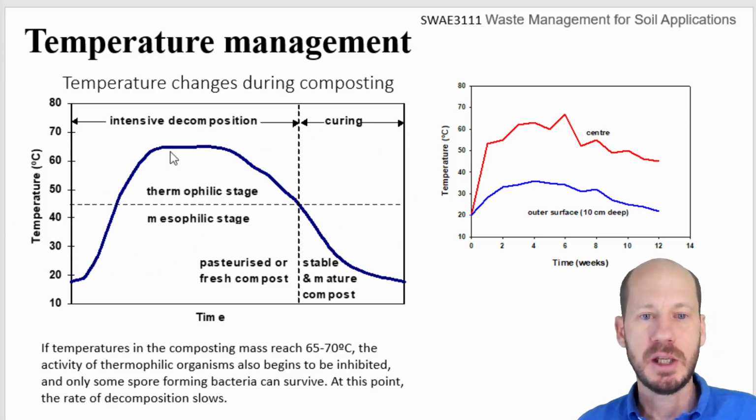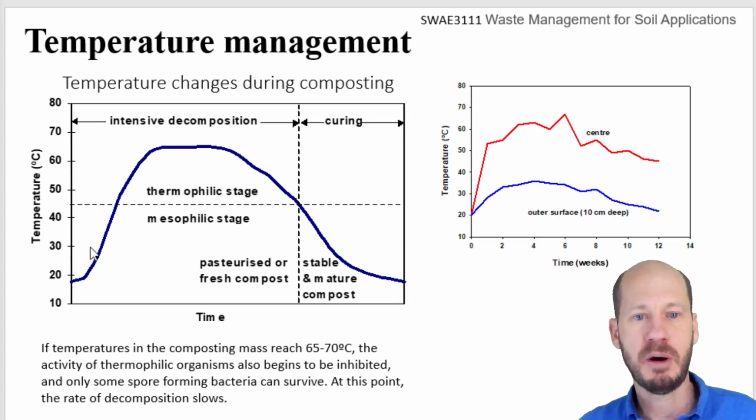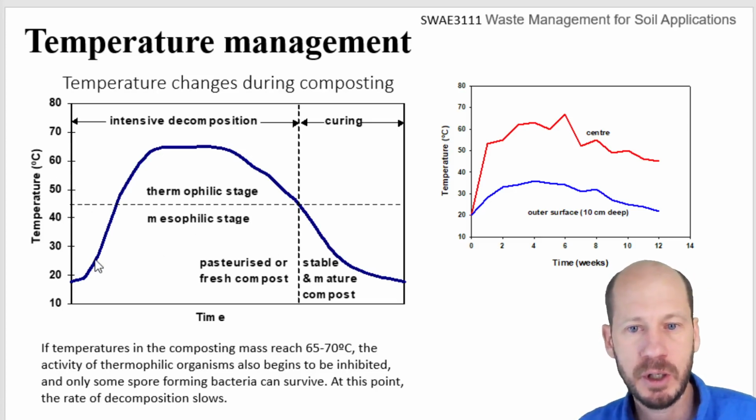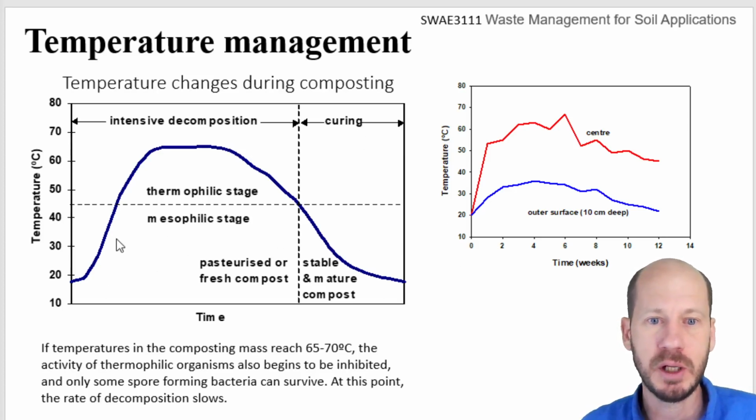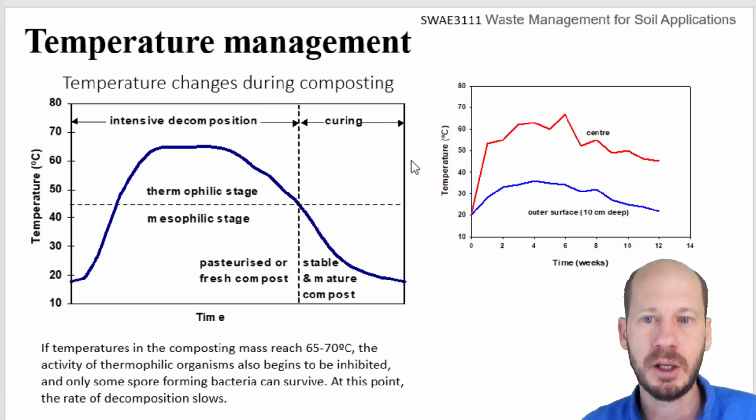You will reach these temperatures if you have a good balance of carbon to nitrogen ratio between 25 and 30. And after this process, naturally the temperature will go down after the carbon molecules are consumed by the microbes, and you enter the curing process.